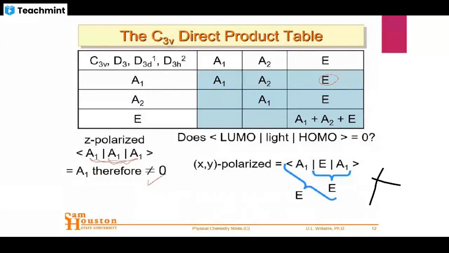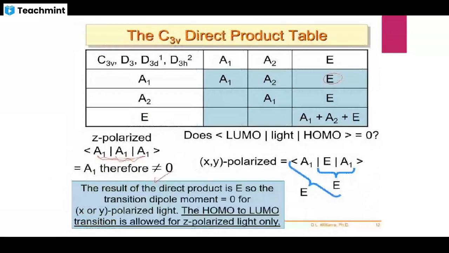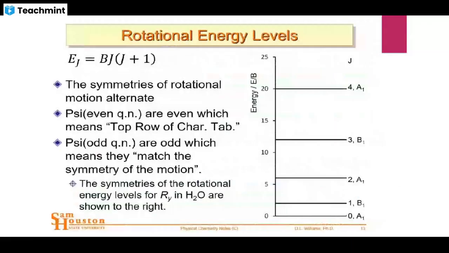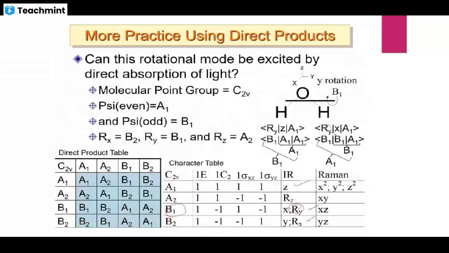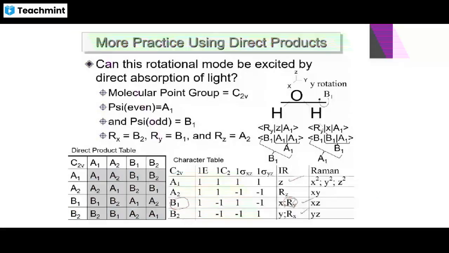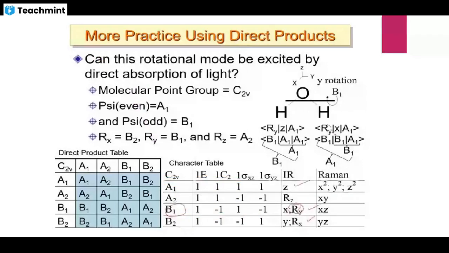These questions are asked many times in CSIR and GATE also. These are the rotational energy levels, pj into j plus 1, it will be any energy level, rotational, vibrational, anything like that. So you should know the ground state symmetry, excited symmetry, and light symmetry.